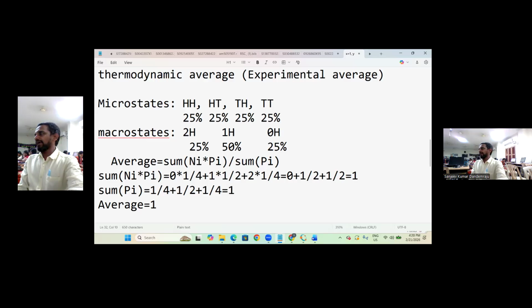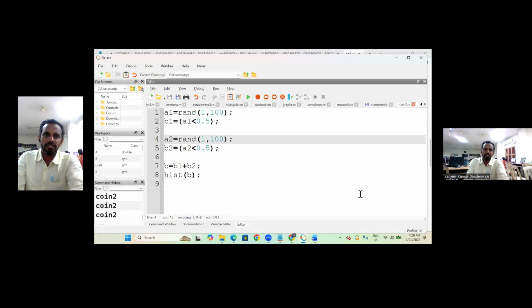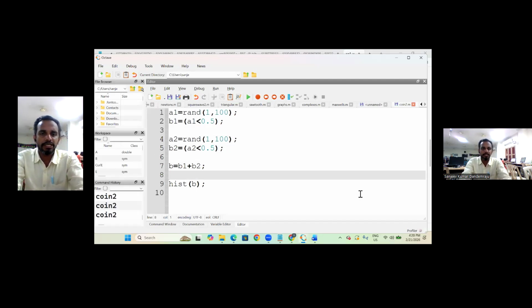So do we get the same average when we perform the experiment? It should be verified. This is the value calculated using probability. And when we run the program using random numbers, do we get the same average? It needs to be confirmed.